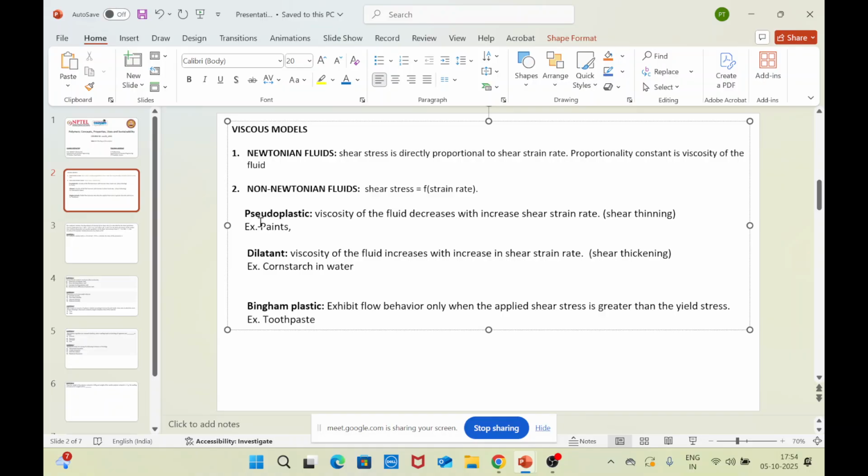Once you keep increasing the shear strain rate, the viscosity of the fluid is going to decrease. That is, they are going to become thinner and exhibit an increased tendency to flow, unlike in the case of the other materials. So paint is a classic example.